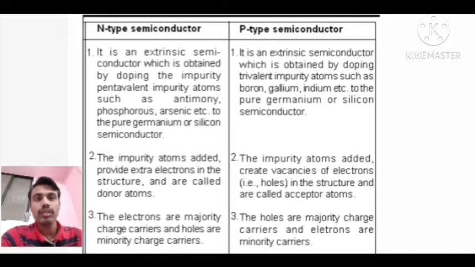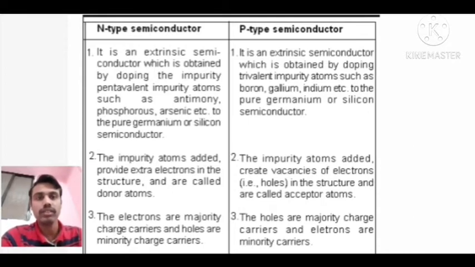There is no extra electron here, but an extra hole is created. A hole is a vacancy for an electron, and it has the opposite charge of the electron. We know the electron has a negative charge, so a hole must have a positive charge. That's why holes attract electrons and become stable. So p-type impurities are called acceptor impurities.